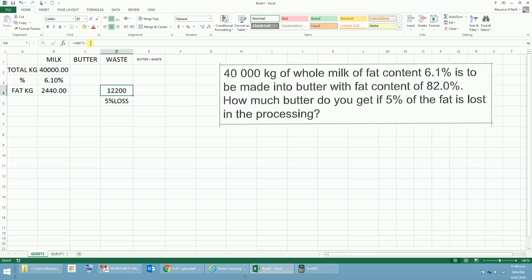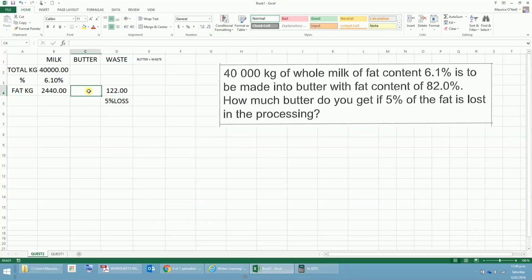So I'm just going to times 5 slash 100, 5%, okay, because it's 5%. Alrighty, and that's 122 kgs, and I'll just pop that up here to 2 decimal places.